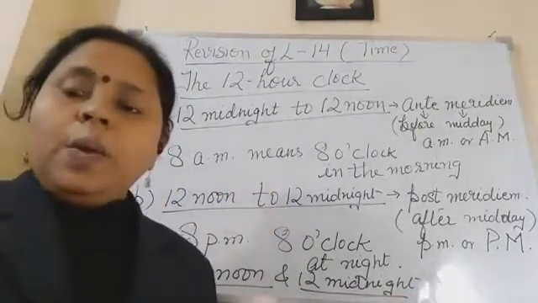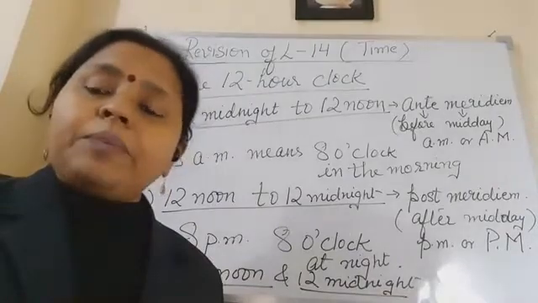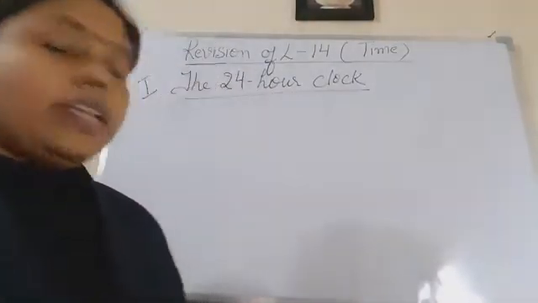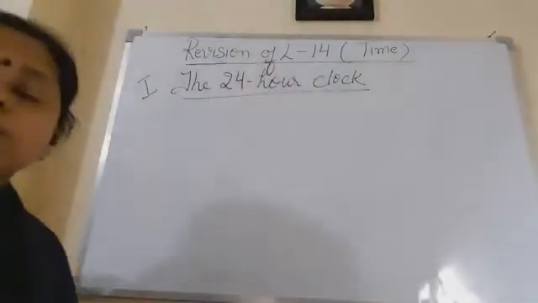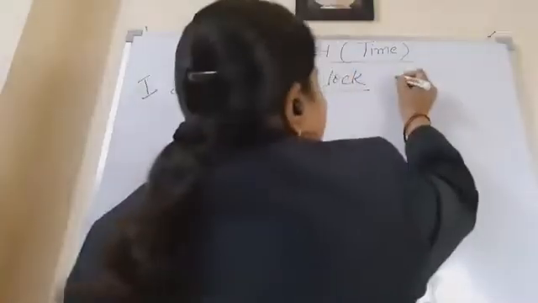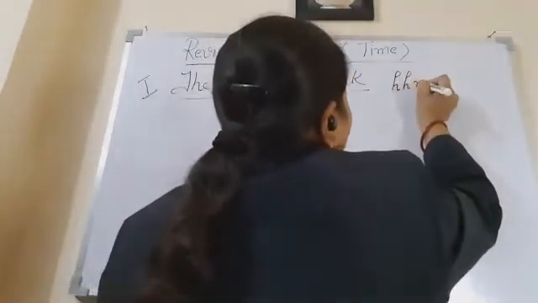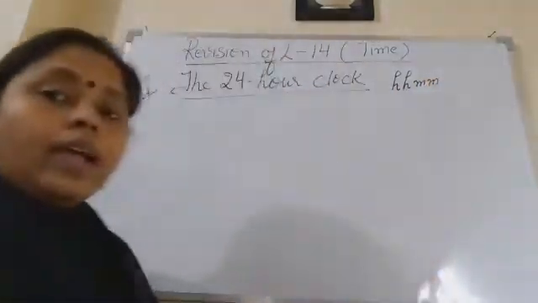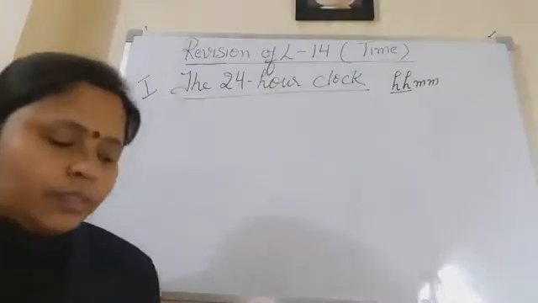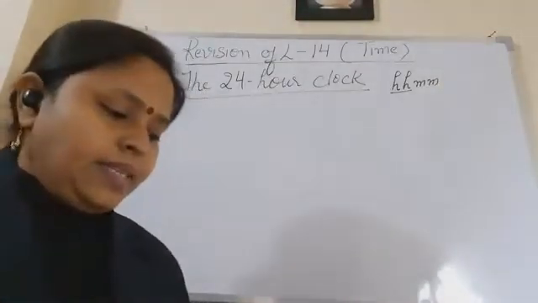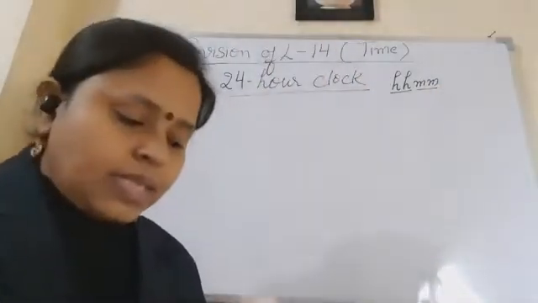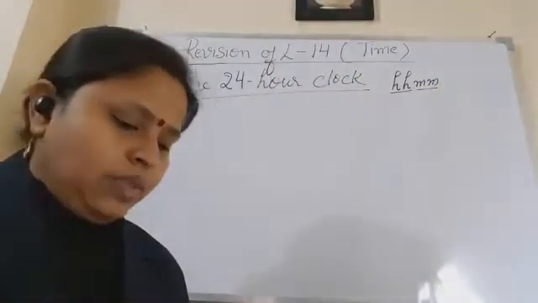Okay. So now let's come to the second type of clock. Now children, the second type of clock that we have learned is the 24-hour clock. In this type of clock, the time of the day is given as HH mm, where HH stands for the number of hours past midnight and mm stands for the number of minutes past that hour, right?